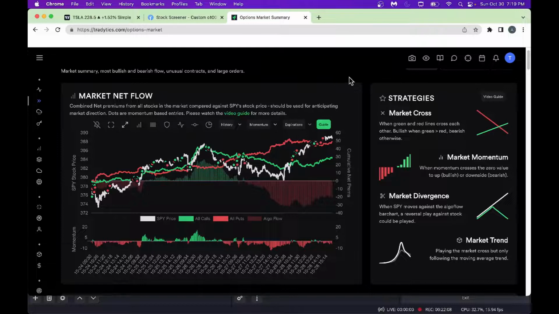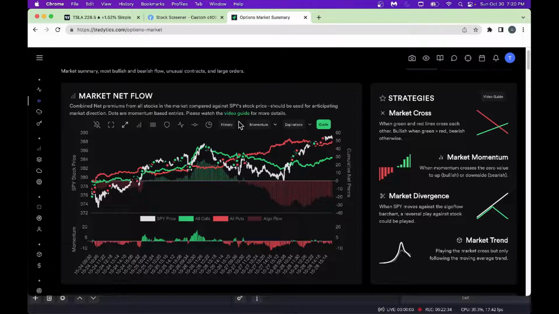If you look at the 5-day history, you can see the net flow itself, the algo flow, is trying to go higher. It was negative. It's trying to become a little bit positive. As you can see here, it's not still on the top, but you get a good idea what's going on here. Even though puts are more now, look, calls are increasing. That's a bullish sign, as you can see here.